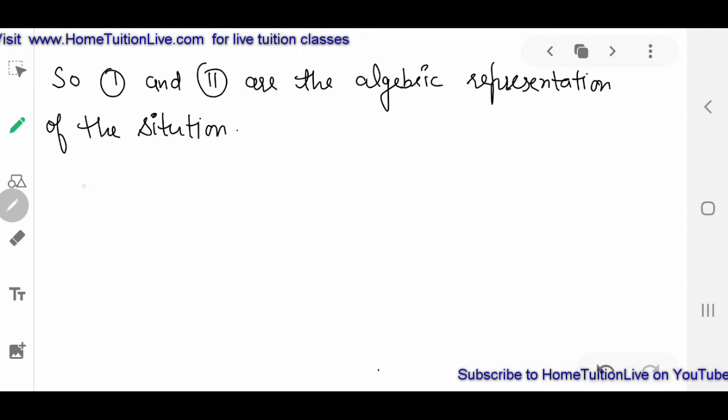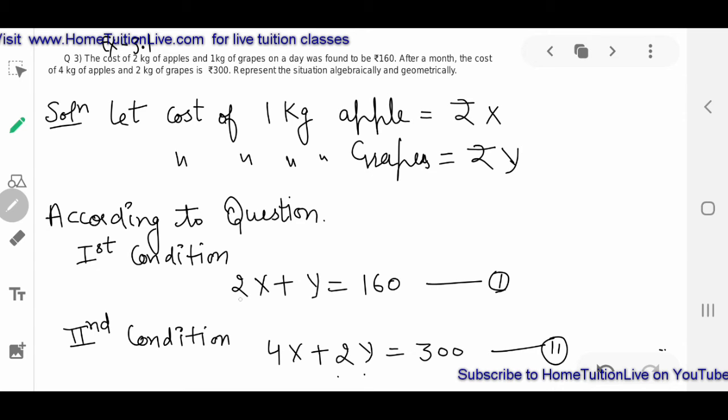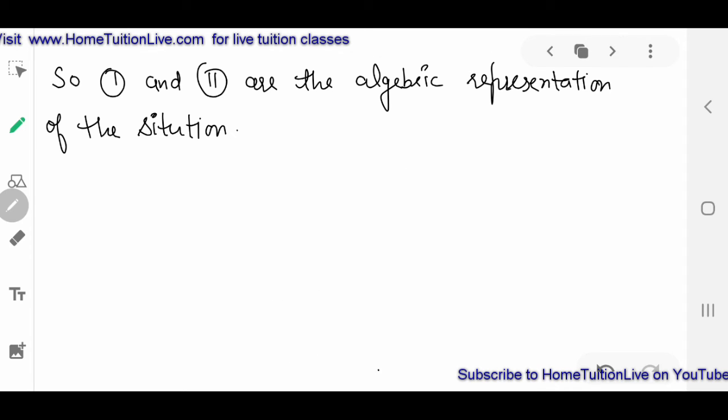Now for the graphical representation, we will find the solutions. We will put some values of x and find the value of y. So let's start. For the first equation, that is 2x plus y equals 160.